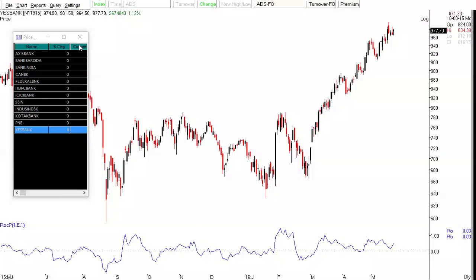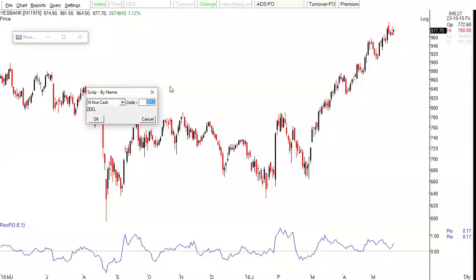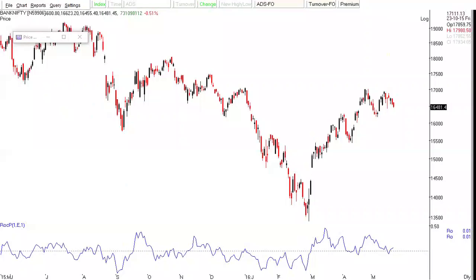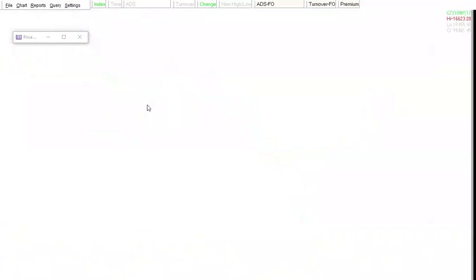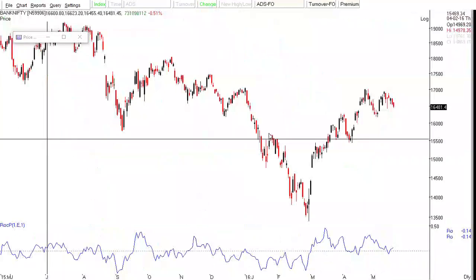So we go back to our chart. I open Bank Nifty just to memorize the code, and in this case the code is 59906. Or I can do one thing. I can open 2 charts.